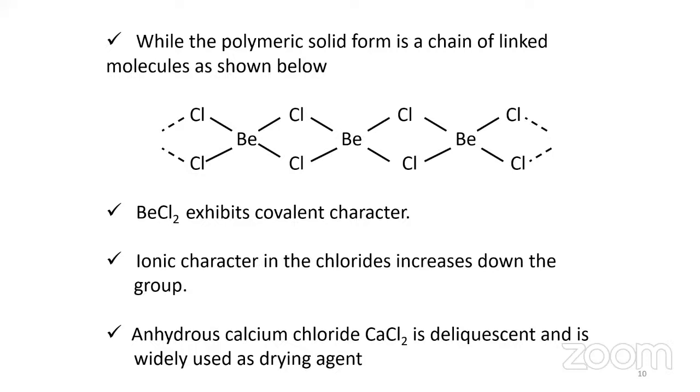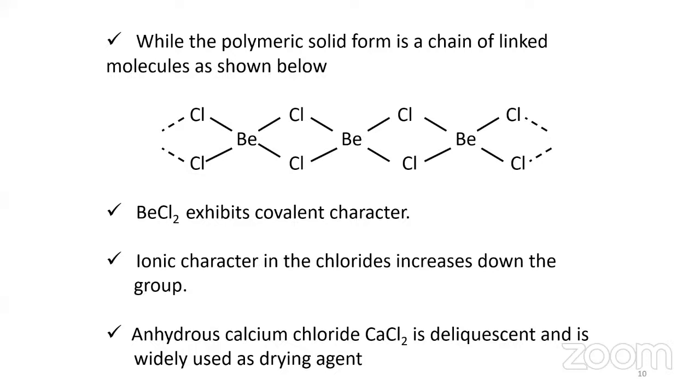Now, for the polymeric structure, it has 4 bonds. We have 2 covalent and 2 coordinate bonds for the polymeric form.